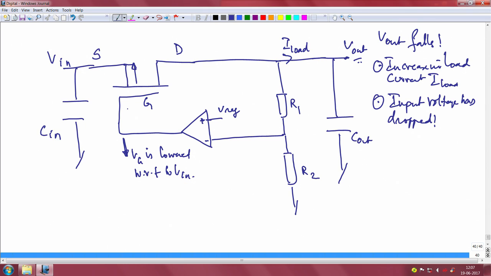Directly if you lower or increase the gate voltage with respect to V in, you have a good control. So this is a nice thing, which in the case of a PMOS circuit lets you build a simple system.